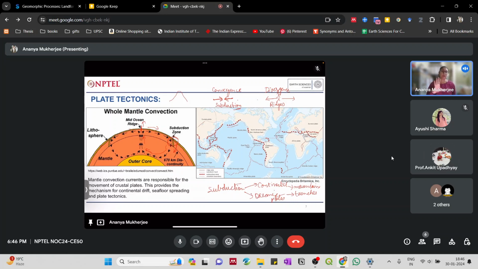Also, the oceanic crust is denser, so it can reach much larger depths because of the higher melting point. The composition of the oceanic crust also plays an important role.